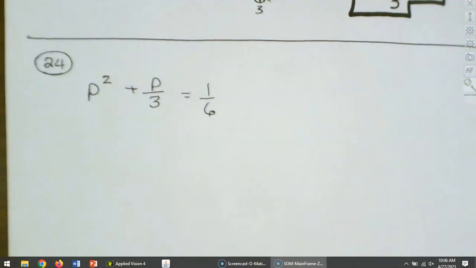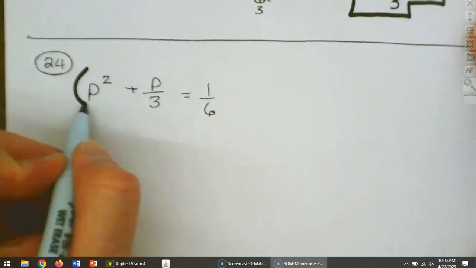One thing you never, ever want to do is put fractions in the quadratic formula. So anytime you have fractions, they need to go away. And how do we do that? Well, we look at our denominators. And what do we have? We have a 3 and we have a 6. So I'm going to multiply everything by a 6.